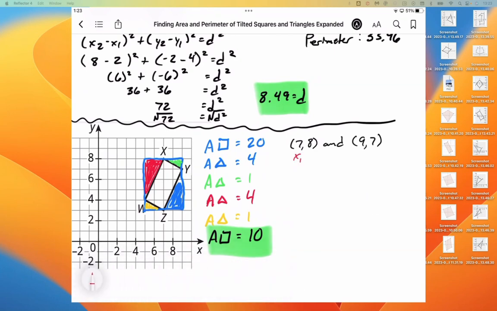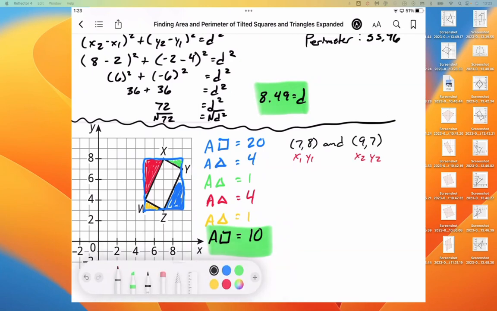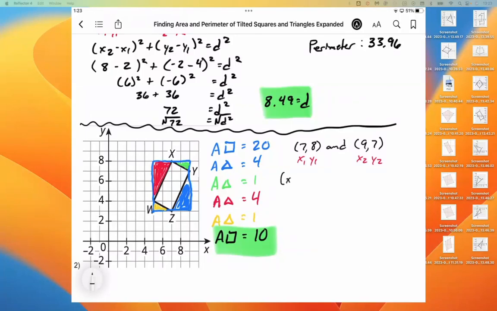Very important to label x1, y1, x2, y2. Distance formula. Put our template together.